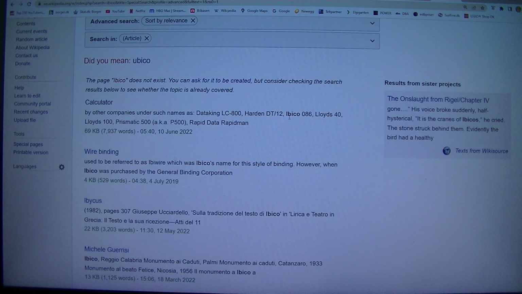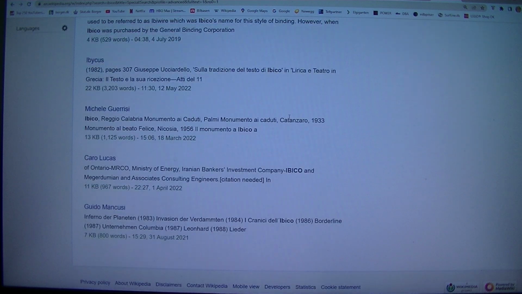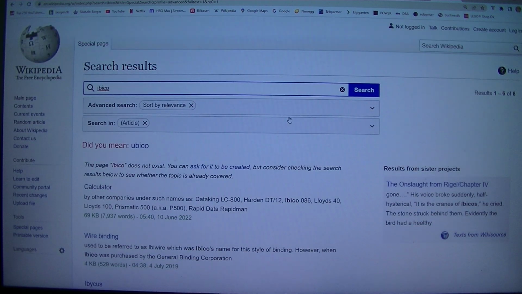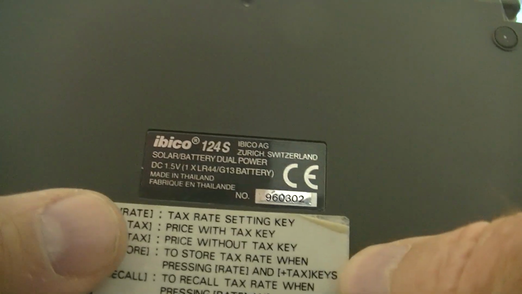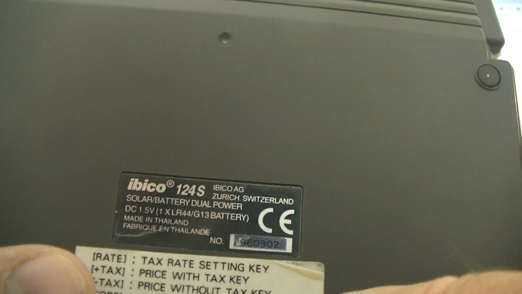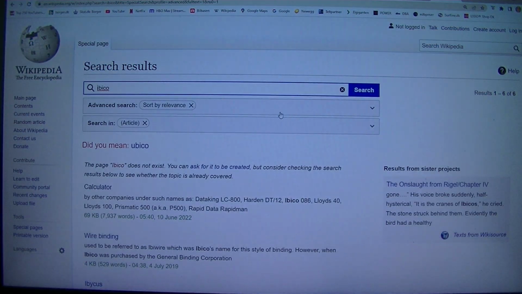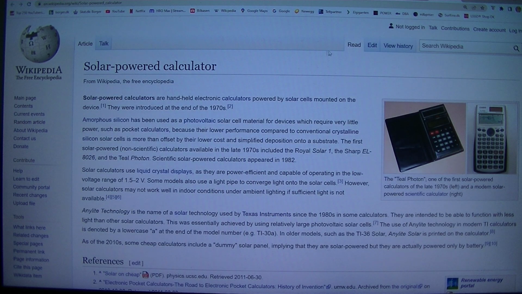Yes, that's an Ibico calculator. Yes, we don't have this name there. Ibico 124, probably search Google. No Ibico, probably this old.